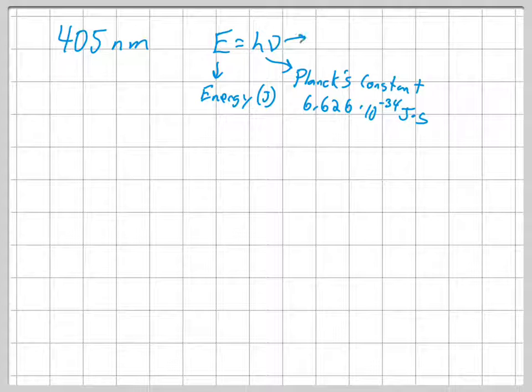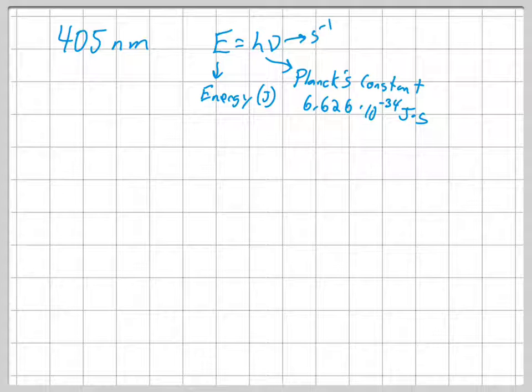And of course, frequency is given in per seconds, and you can see that those units would actually cancel each other out. But the problem is this laser was given in wavelength instead. Nanometers is actually wavelength. So I need to convert that over.